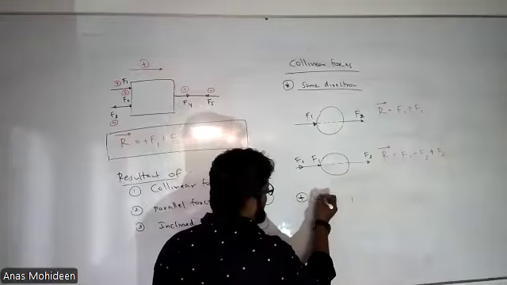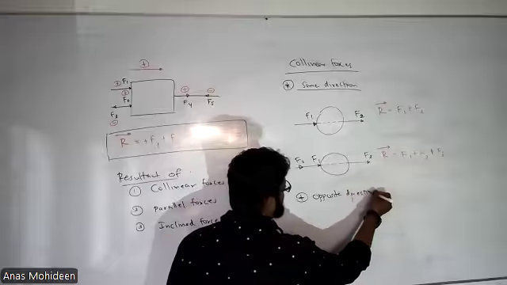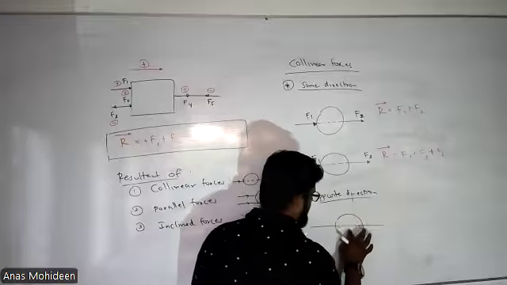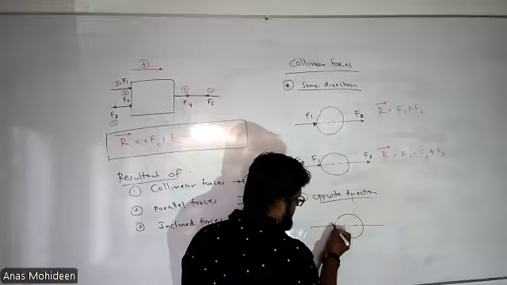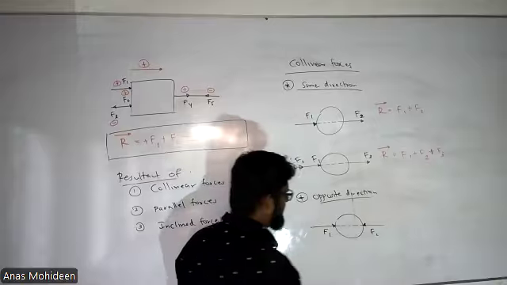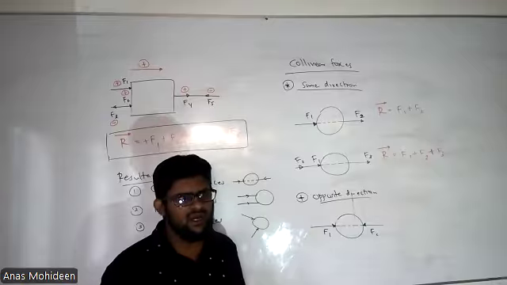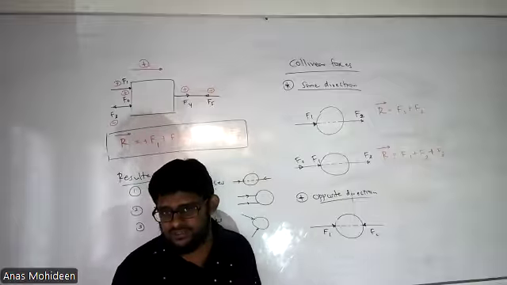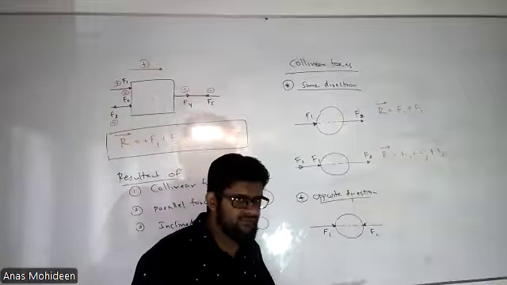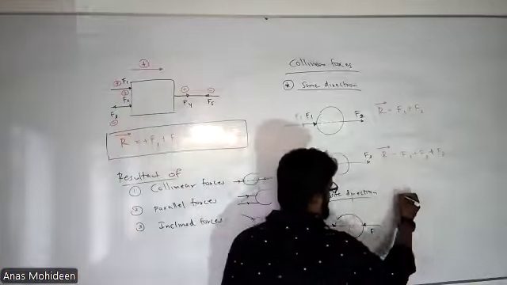And now I'm going to take the opposite direction. Let's see. I apply force here as F1 and here it is F2. It may be both push or both pull. I can't straight away say which is minus here, because two instances are there. Sometimes F1 may be greater than F2, at other times F2 may be greater than F1. So I'm going to take two instances.